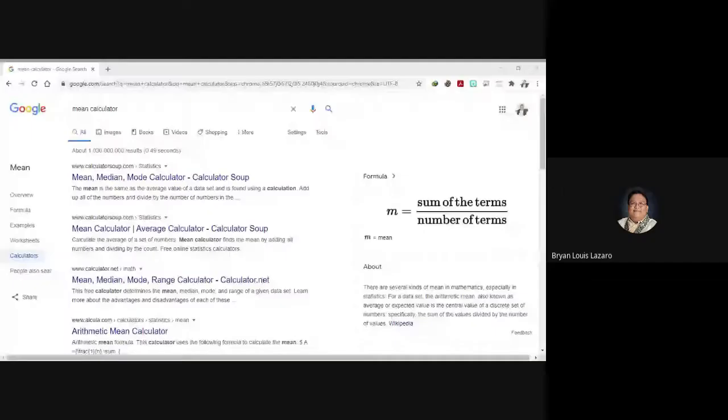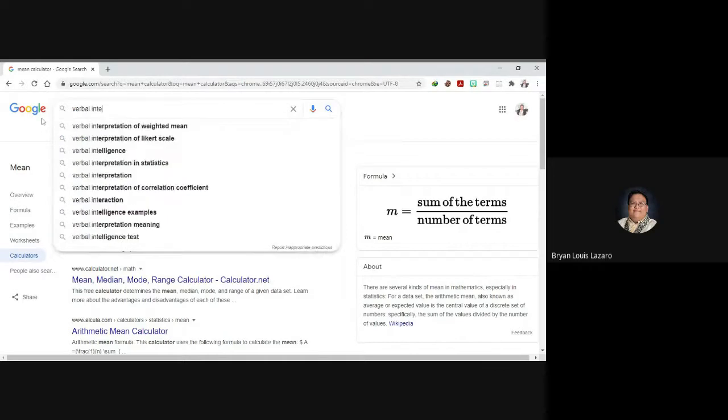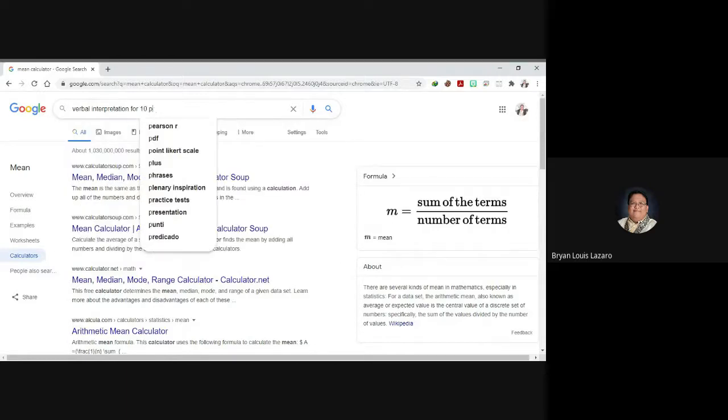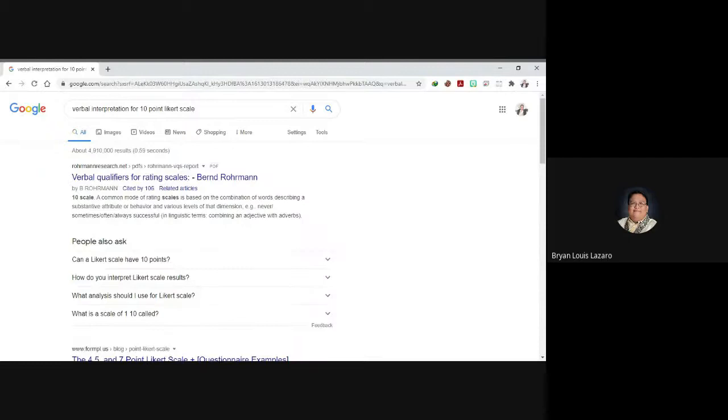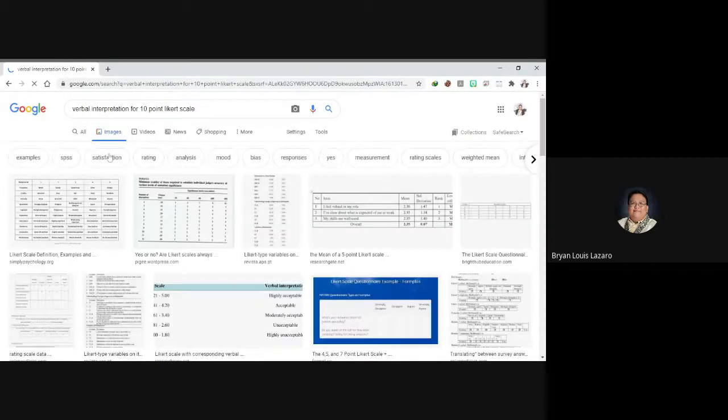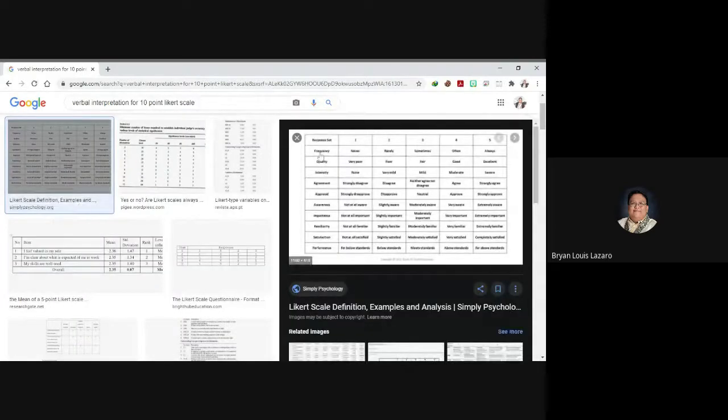So, pwede kayong humanap ng verbal interpretation or 10-point scale. Titingnan ko sa images, baka may makita na kayo kagad dyan, like this.